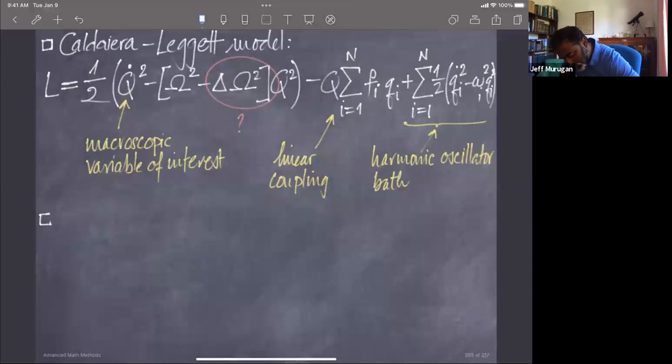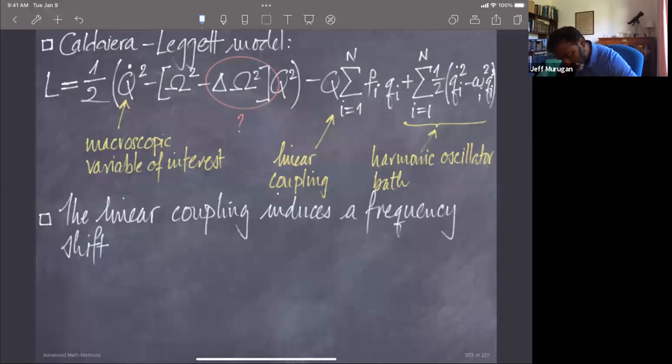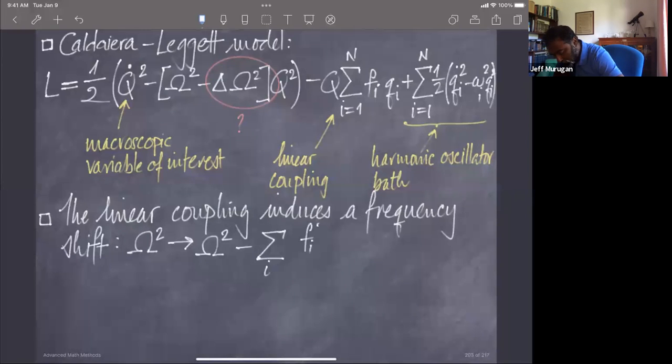The linear coupling induces a frequency shift, by which I mean the following: omega squared goes to omega squared minus the sum over i of f_i squared over omega_i squared.